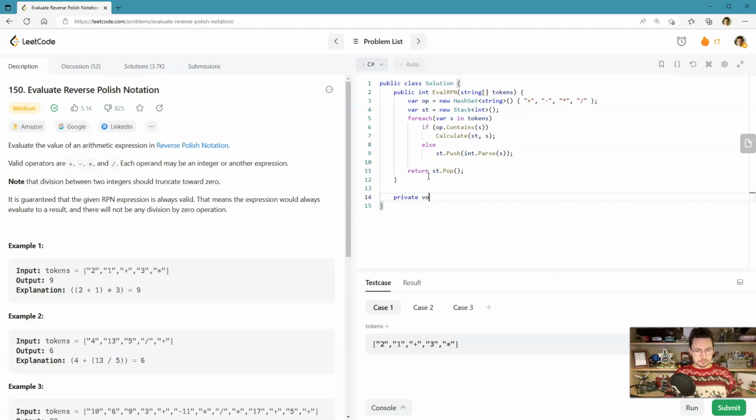Now we need to implement this calculate function, which will be void. It will modify the stack and it will also accept s. So now we need to read two values from the stack in the reverse order, right?